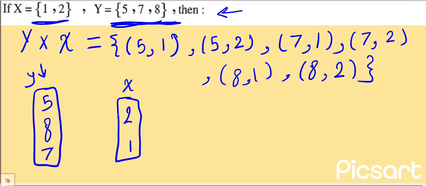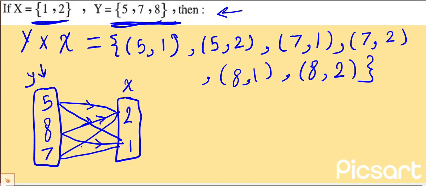And then the arrows come from here to here, from X to Y. No, from Y to X. Yes, excellent. The arrows come from Y to X. Am I doing it correctly? Yes. This is the arrow diagram.